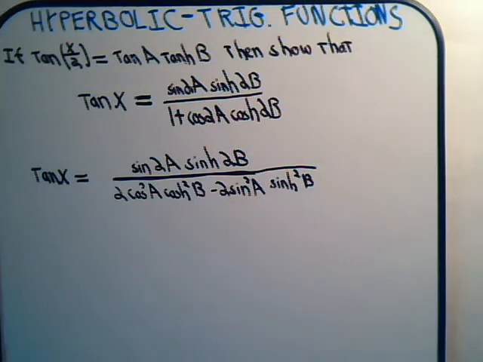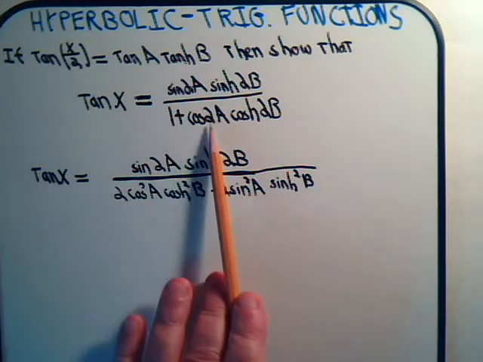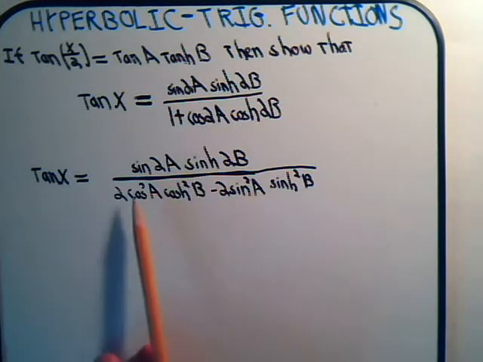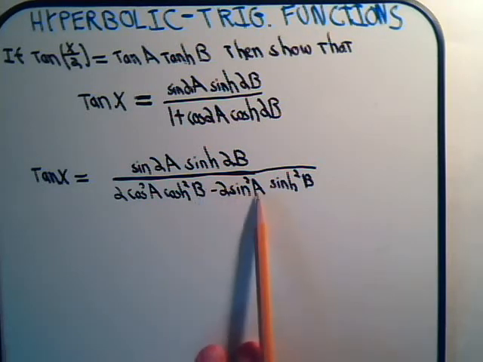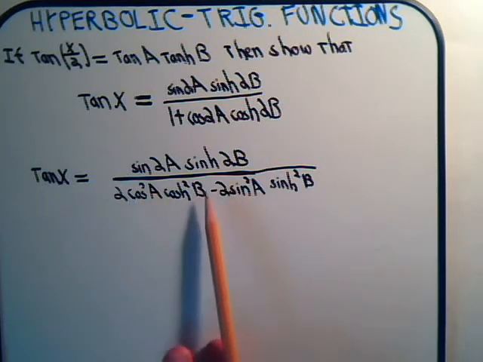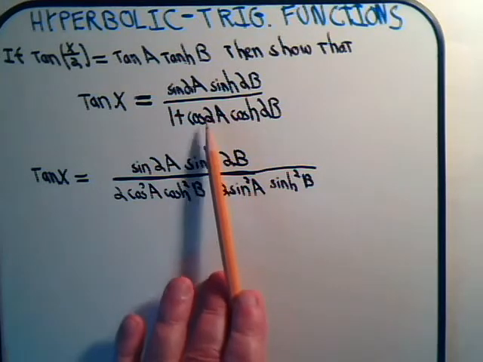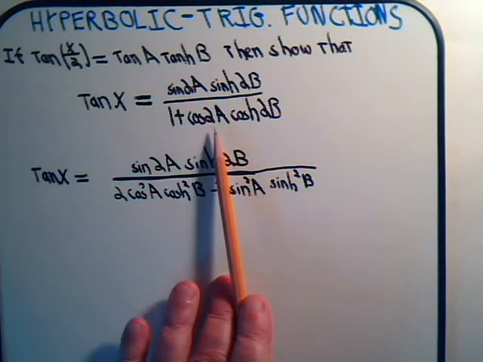And right off the bat, there's something here that draws our interest. We're supposed to have the cosine of 2a. Here we have a cosine squared a, and over here minus a sine squared a. And there's an identity that cosine squared a minus sine squared a is the cosine of 2a.